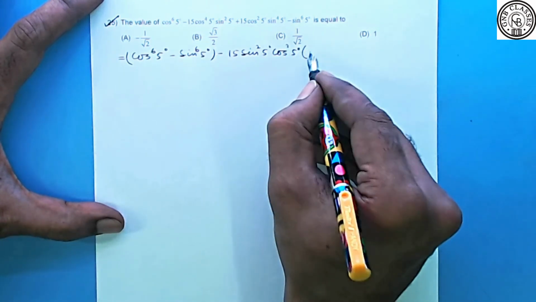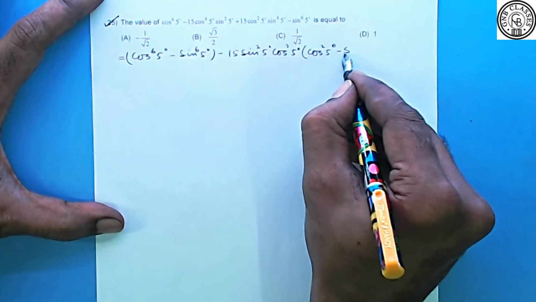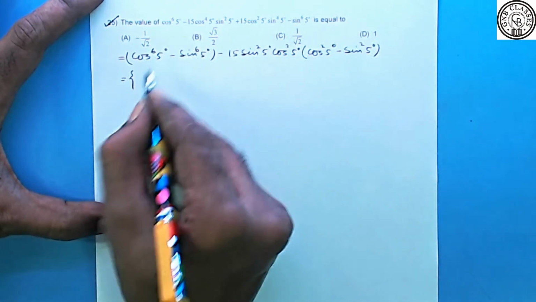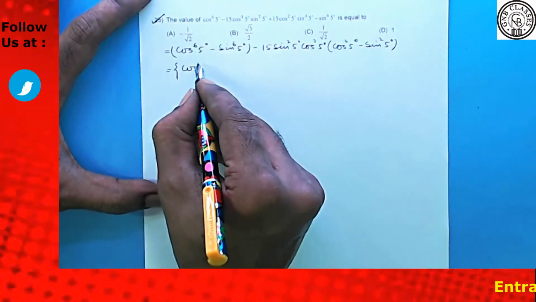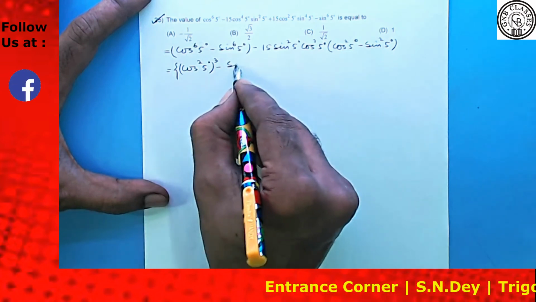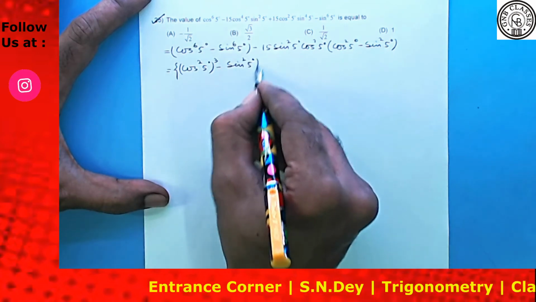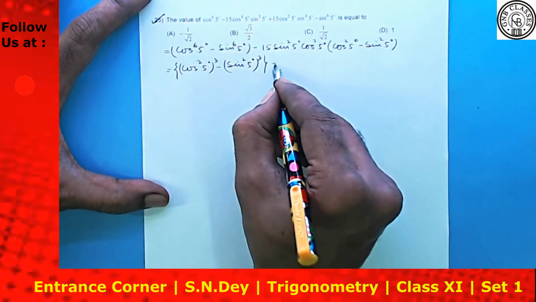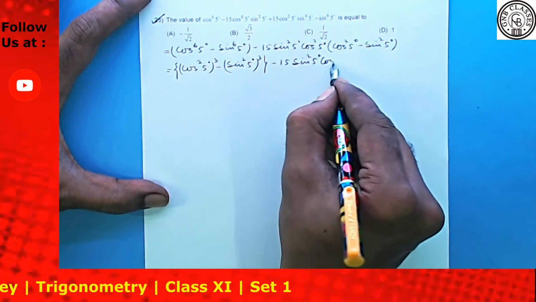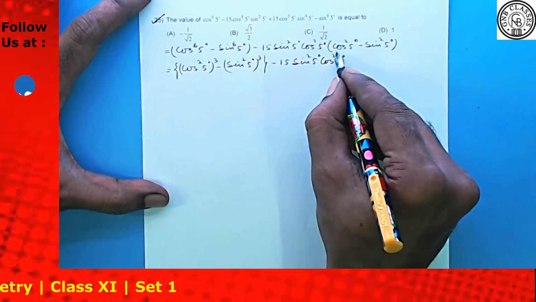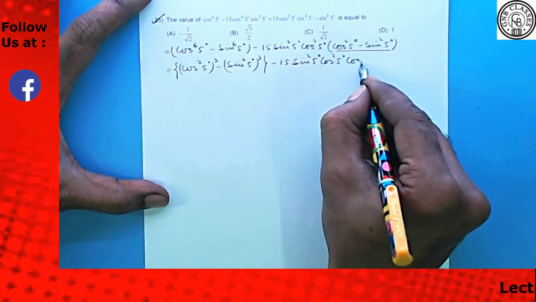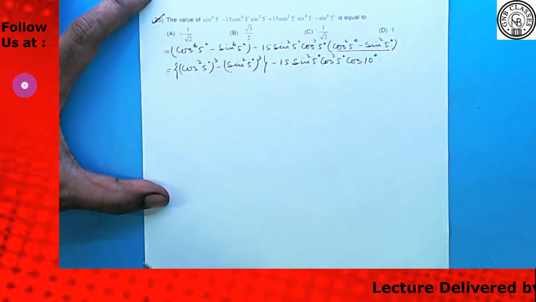So we are left with cos to the power 6 5 degrees, which can be written as cos square 5 degree whole cube minus sine square 5 degree whole cube minus 15 sine square 5 degree cos square 5 degree. Now cos square 5 degree minus sin square 5 degree will give you cos 2 theta, which is nothing but cos 10 degrees. Is it clear?